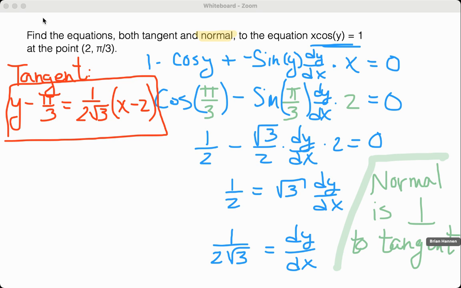Whatever your slope is for a derivative, that's the slope of your tangent line. The normal line is just perpendicular. And it just so happens that when it comes to perpendicular slopes, what we're looking for is the negative reciprocal. That's right. Perpendicular slopes are going to be negative reciprocals of each other.